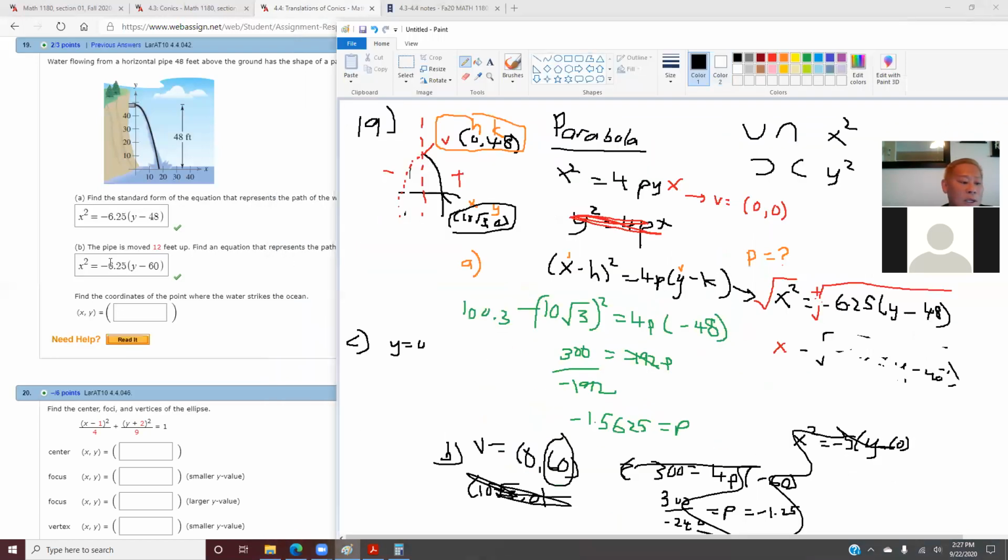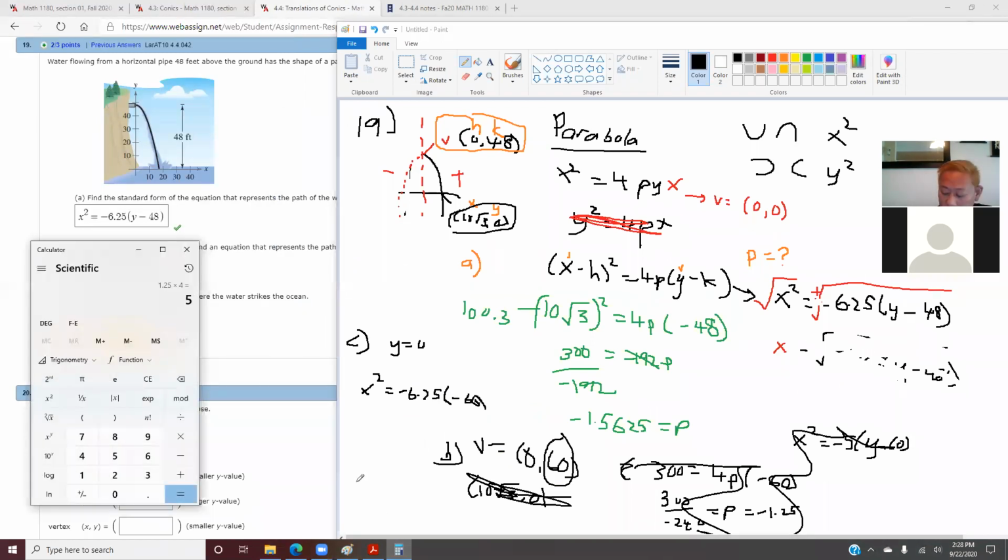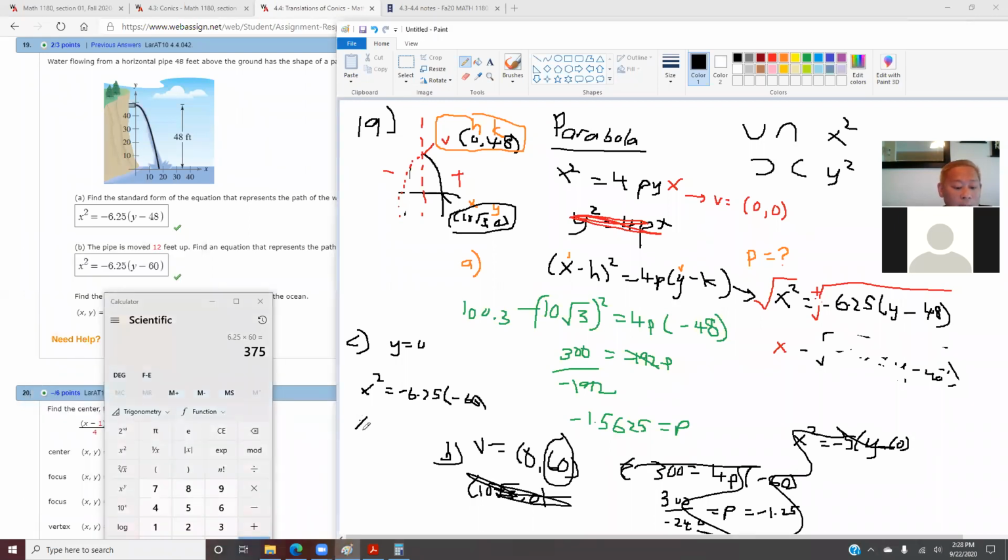So you take this equation, x squared equals negative 6.25 times negative 60, because your y is 0 in this case. Calculate 6.25 times 60, and then take the square root of it. So x in this case is the square root of 375.